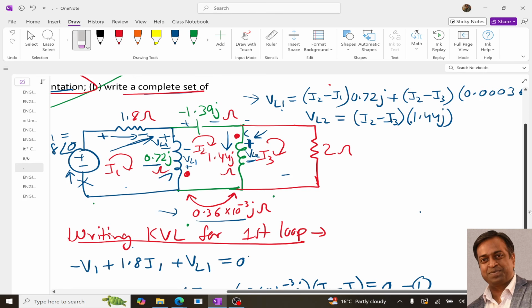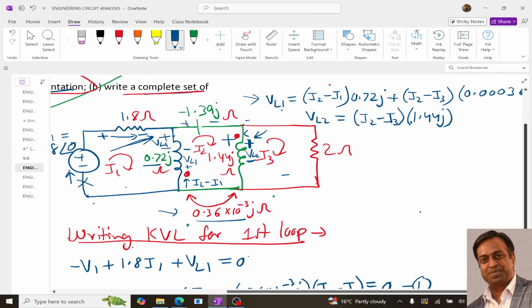Now, to have a positive terminal at this node, the current should enter through this dot, right? There are two currents here, I2 and I1, so this current should be I2 minus I1.